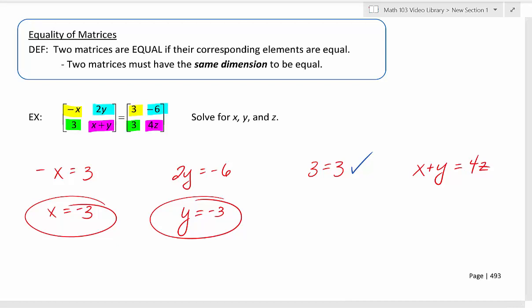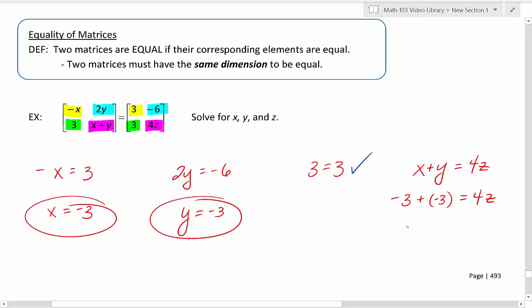They should be equal. Our last equation is a little trickier. x plus y equals 4z. We're going to substitute the values that we have found for x and y into the equation and then solve for z. So had you written that equation down first, you would have had to solve the other ones before you could solve this fourth equation.